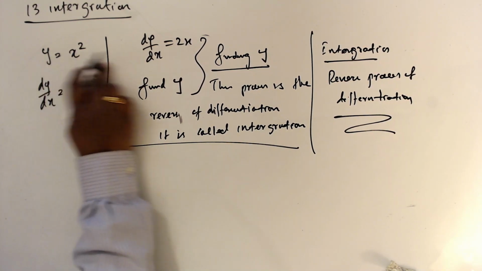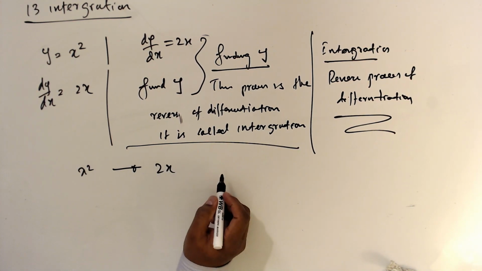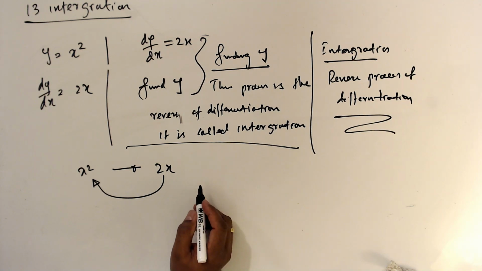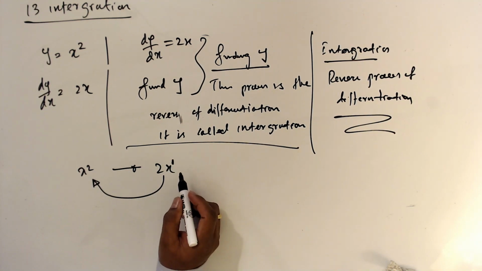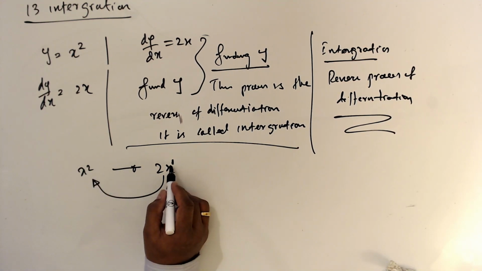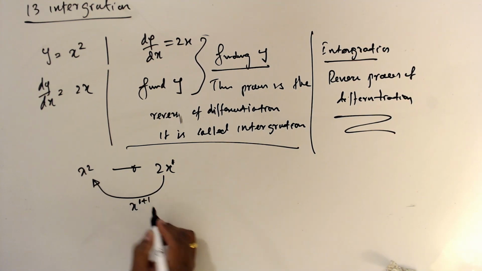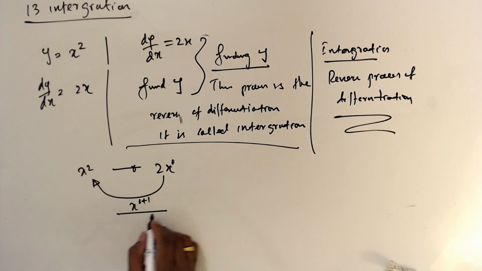Now when you look at this one, x square turns into 2x. Then how do you bring 2x back to x square? This is power 1, and this is power 2. So you want to add one more power to it, x to the power 1 plus 1, and divide by this value, 2.